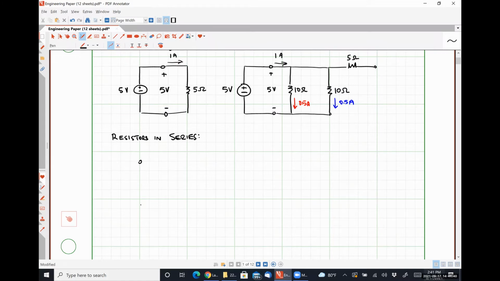So let's say that I have some voltage V, and then I have some resistor R1 connected in series with some resistor R2 connected in series all the way out to some resistance R sub n. Okay. So this works for an infinite number of resistors in series.